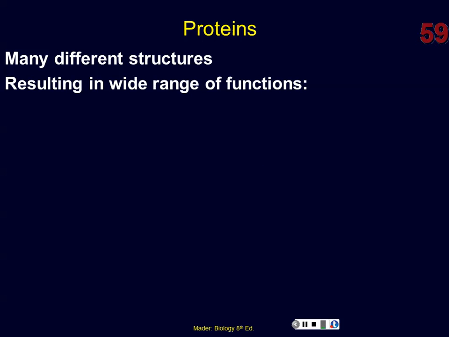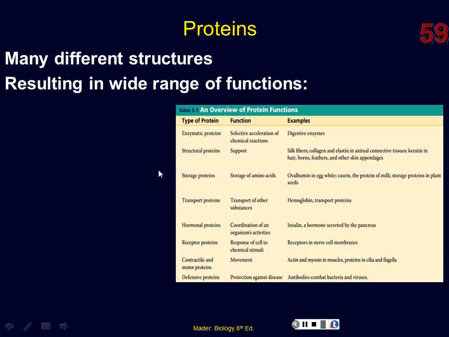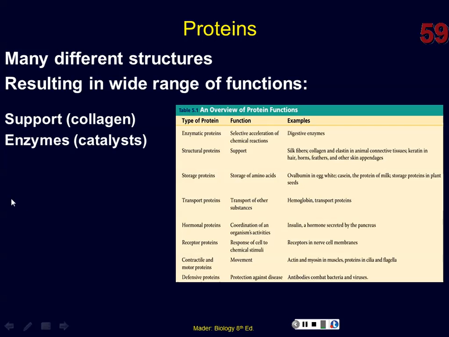Not that the muscles are not important, but proteins are so much more than muscle. Sounds like a commercial, doesn't it? Proteins do so many more things in your body than just form your muscles. The collagen that's holding you together, literally, is made out of a protein. It's for support.